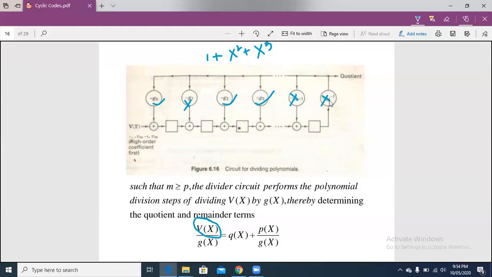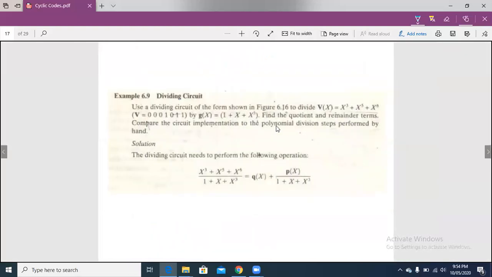This is how we implement the divider circuit with the shift register and the coefficients of the generator polynomial. So that's very simple. Let's look into this example. We have the previous case, where the shifted version of the message 1011 with x3, that is 3 shifted bits.